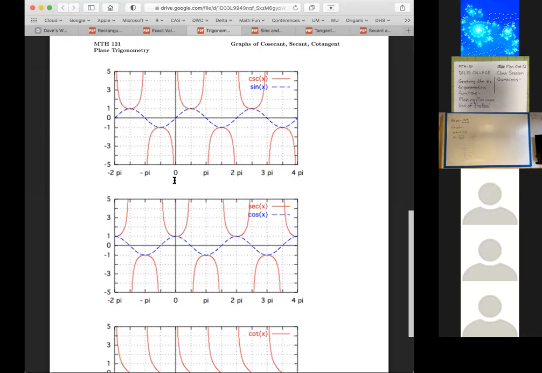But now it's really important that you think in pieces of pi: 1 pi, 2 pi, 3 pi, 4 pi, and then fractions. Half of a pi is pi over 2, 2 pi over 2, 3 pi over 2, 4 pi over 2 is 2 pi. And then further, pi over 3, 2 pi over 3, 3 pi over 3 is pi.